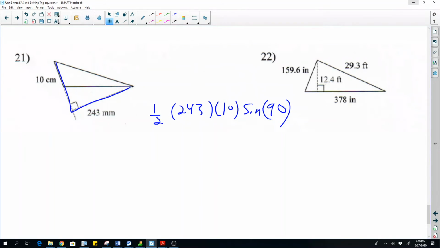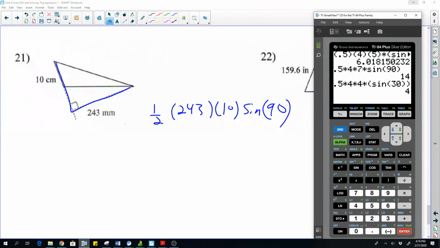And so sine of 90 degrees is just 1. So that'll just be multiplying it by 1, and you get 1 back again, so that's fine. So we'll do 0.5 times 243 times 10 times 1. And so we get 1215.